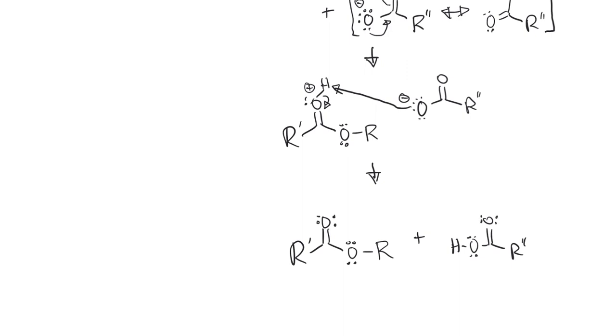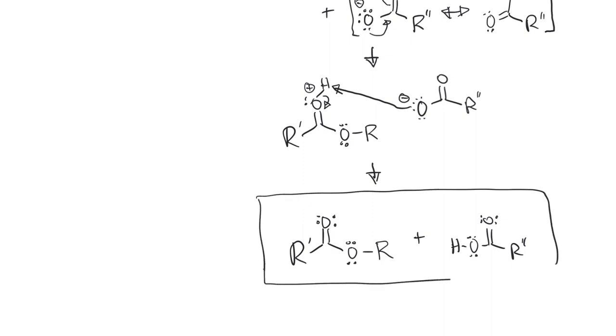Okay, so that is the generic reaction for an alcohol reacting with an acid anhydride, and what we are going to be left with is these molecules right here.